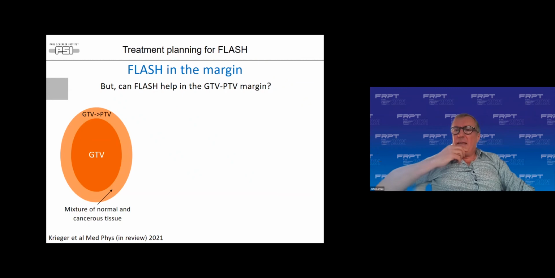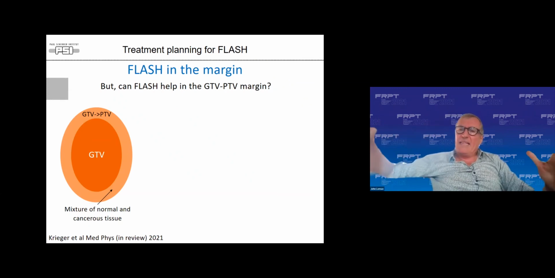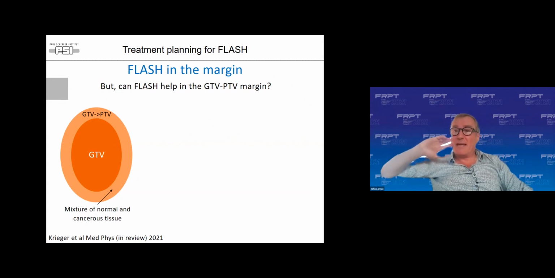Okay, but there may be other areas. There was a question to Marie Cataran before about whether flash is an effect which may be best close to the tumor. Interestingly, we had the same idea, and that's what we've looked at. In a paper in MedPhys, which is currently in review, we looked at just the margin from GTV to PTV for all those cases.